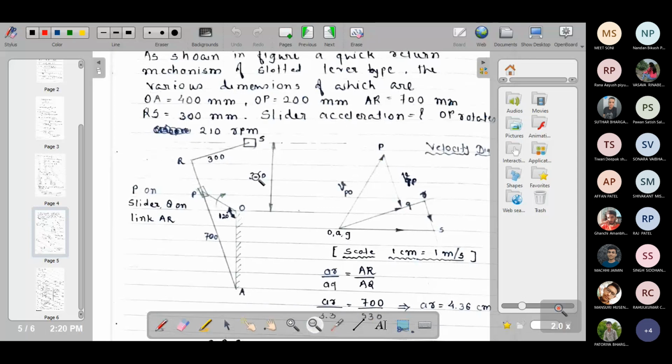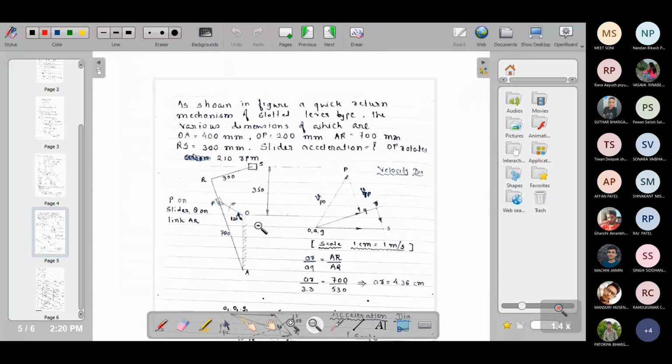Try to draw one problem with dimensions. Now this is the link OP. P is on the slider, and Q is on link AR. The link is rotating in the clockwise direction, and the piston is moving on link AR.